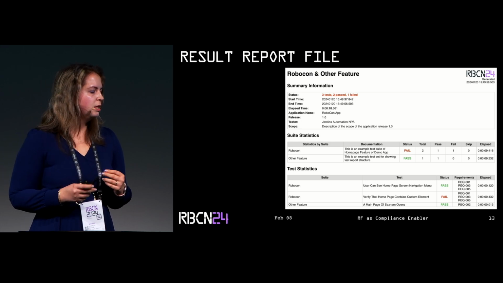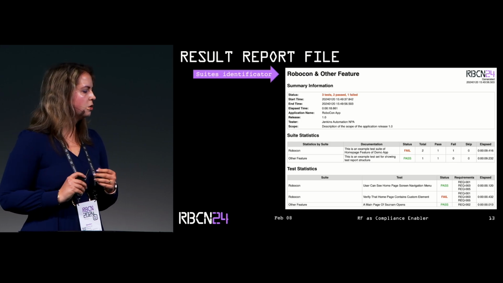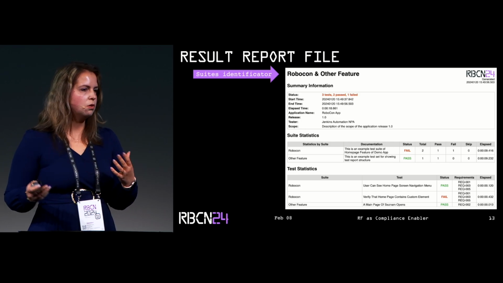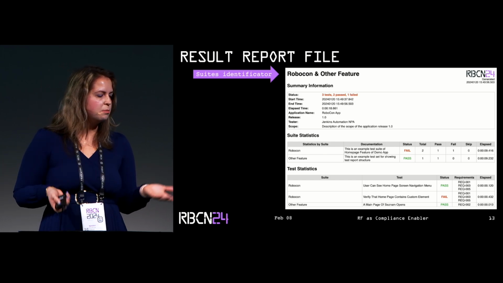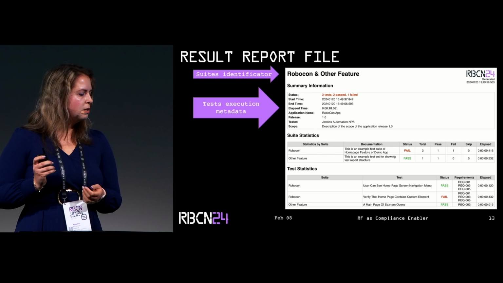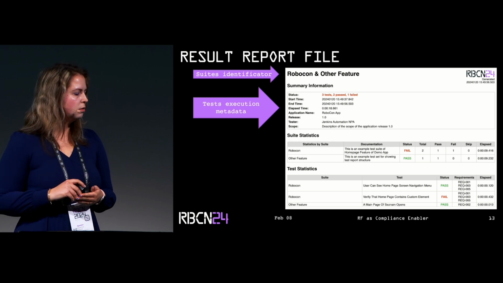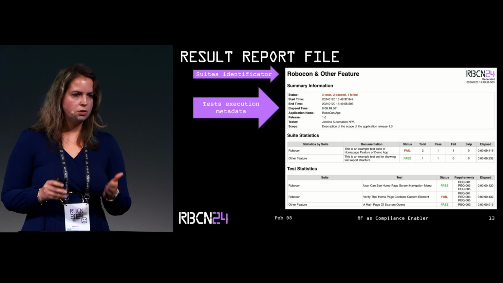But it should be easily identified, so it should include some identificator. It can be the name of the test suite or whichever name you feel like, it can be the name of the feature. Then it should include some metadata about the test execution. Those are the minimum information that should be included all the time.